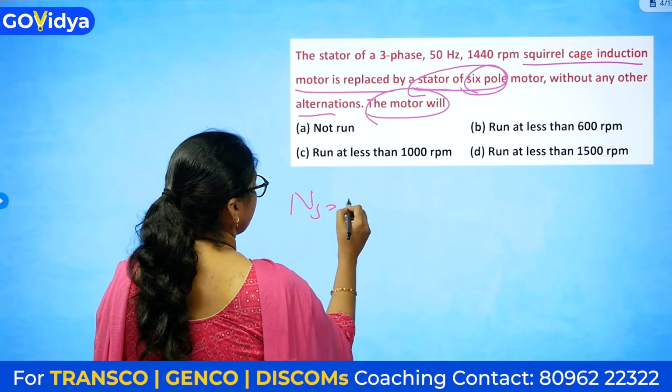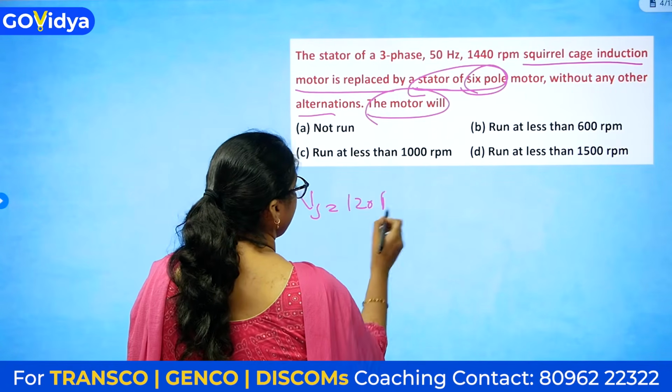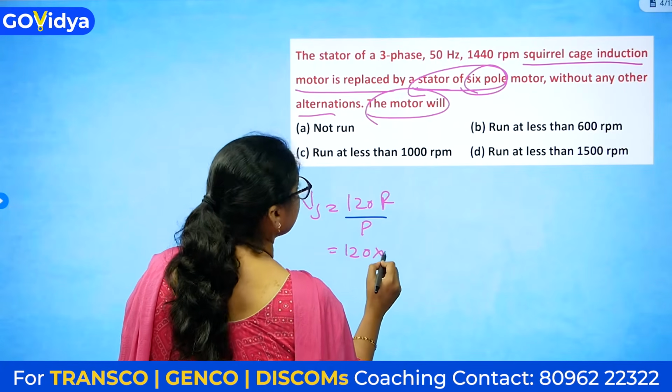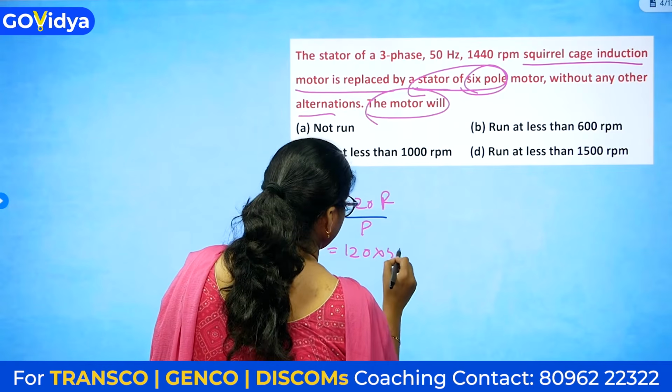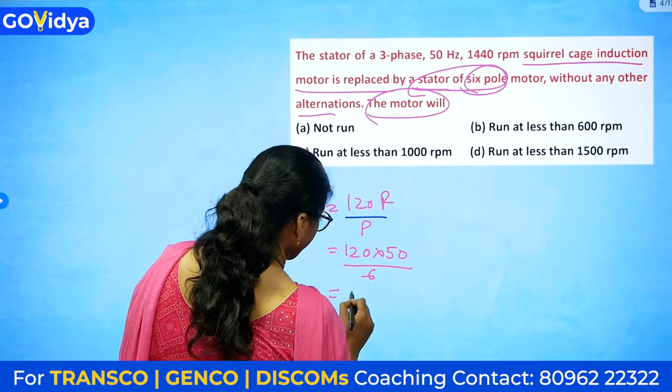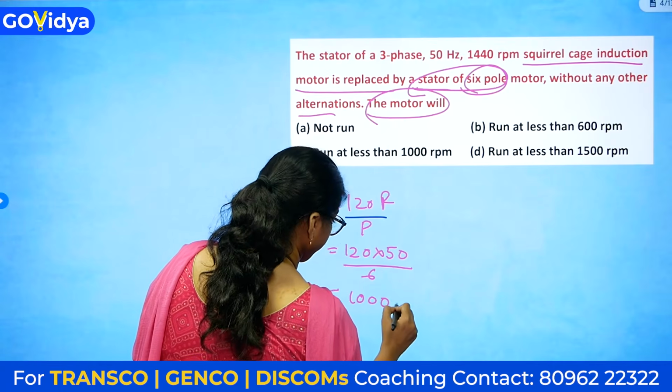So Ns is equal to 120 F by P, which is 120 into 50 by the number of poles, 6. So we get 1000 RPM.